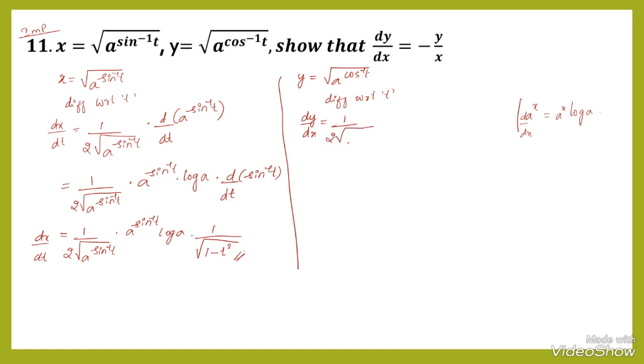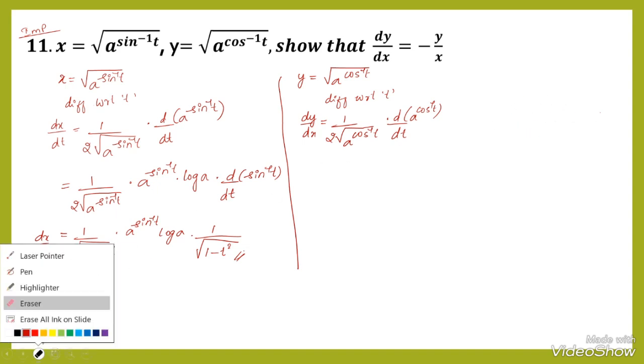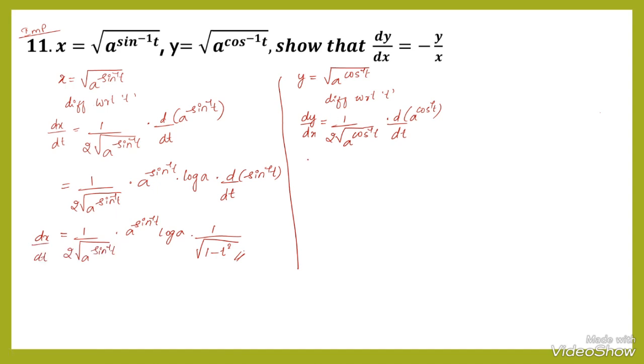In place of x, we have a to the power cos inverse of t, so I'm taking again the differentiation with respect to t of cos inverse of t.